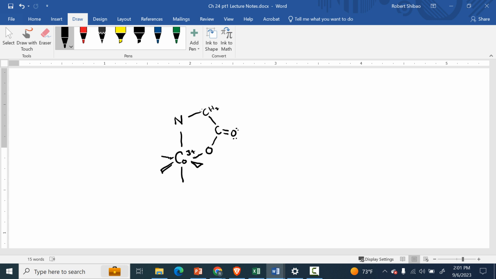Okay, each nitrogen is going to have 2 of these acetate style groups here. And so this is going to come off as a CH2 here. And then a C double bond O. And then an O here.